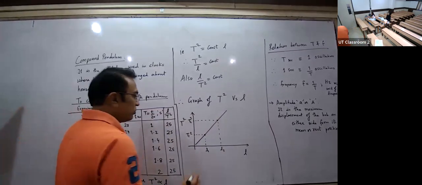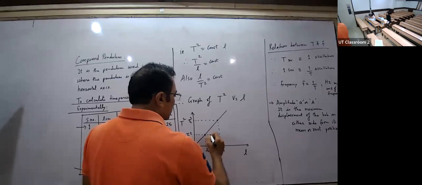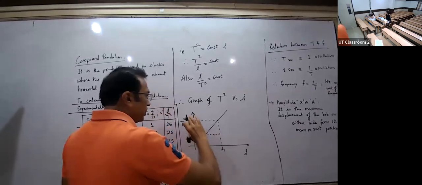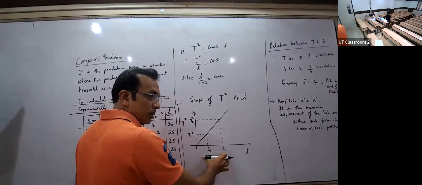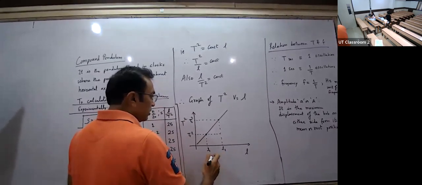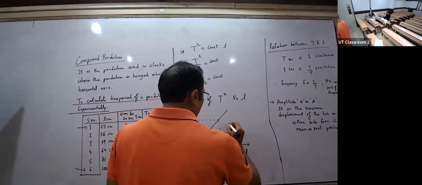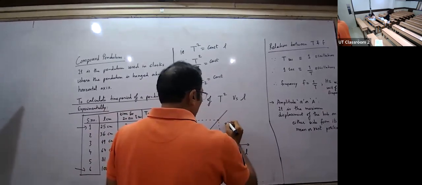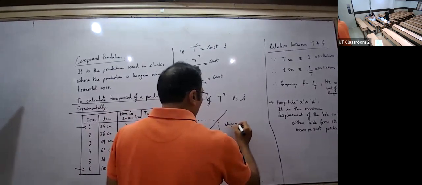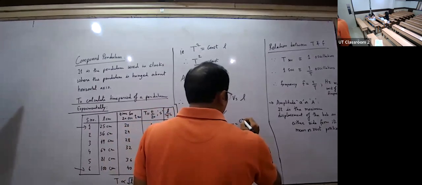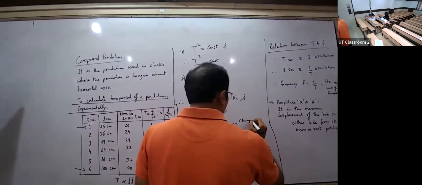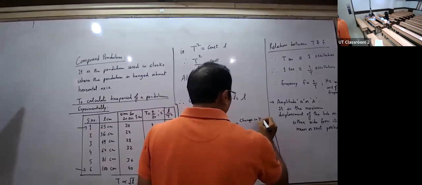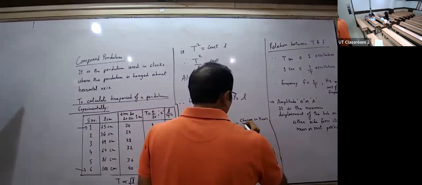So what is slope? Slope is the rate of change of the y value with respect to change in x value. Slope is change in y-axis divided by corresponding change in x-axis.